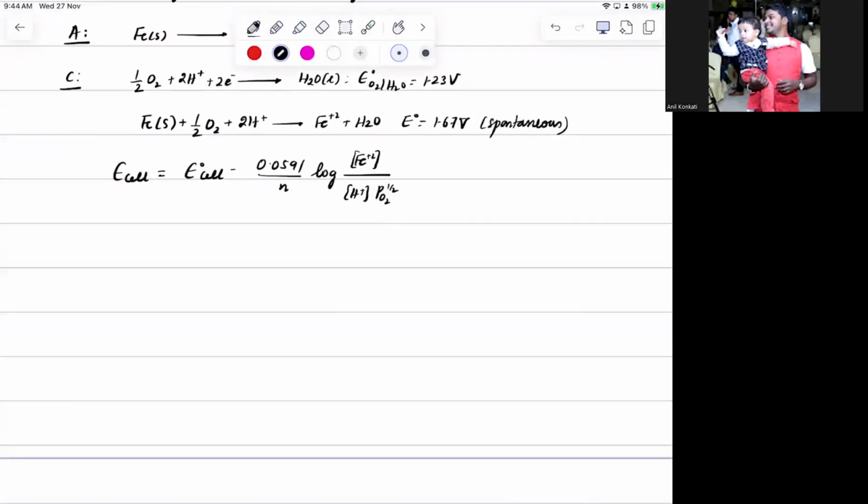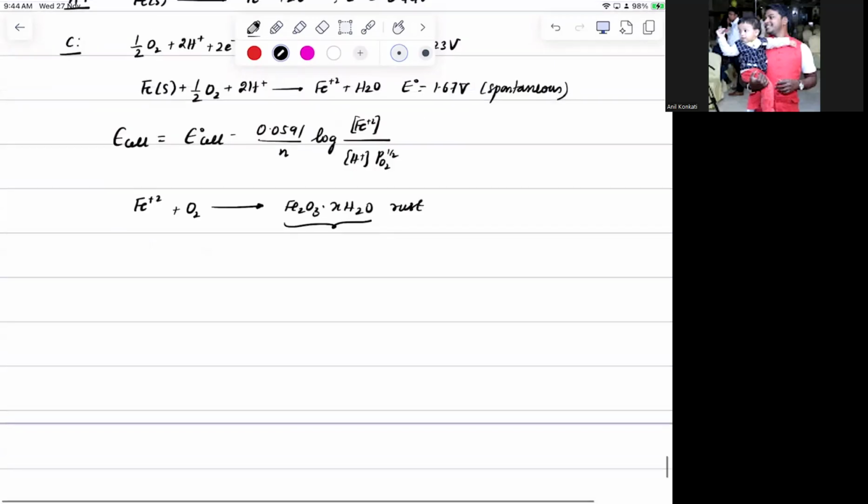Usually what happens is once Fe2+ is formed, Fe2+ has the ability to oxidize further in air. So it will convert into Fe2O3 dot xH2O, and this is what we call rust. Clear, everybody?